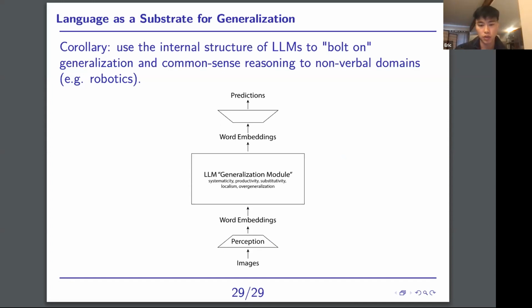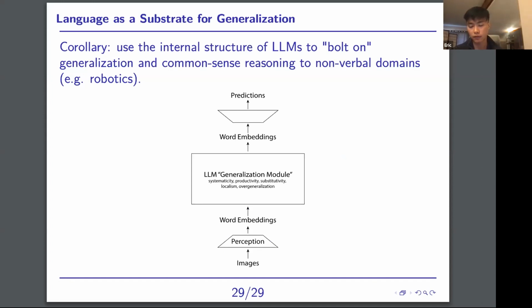So here's a simple architectural diagram of some images that go into a very shallow perception stack. They make word embeddings, and I don't mean actual words, but tokens that represent what's in the image, not even semantic meaning, just extracting some tokens from the image. Then you have this large language model that acts as a generalization module that does all the thinking for the robot, and then it outputs some words, and then you decode them into the actual predictions like actions for the robot.